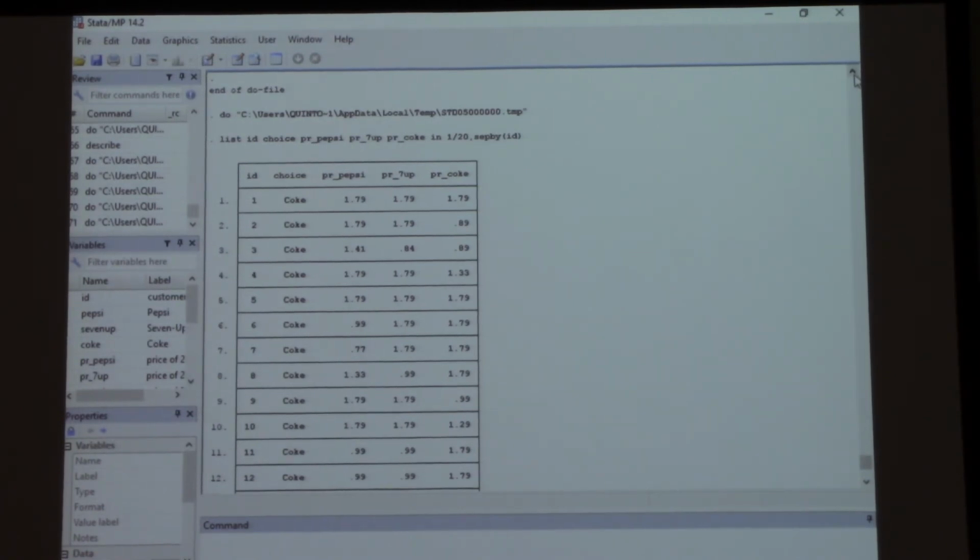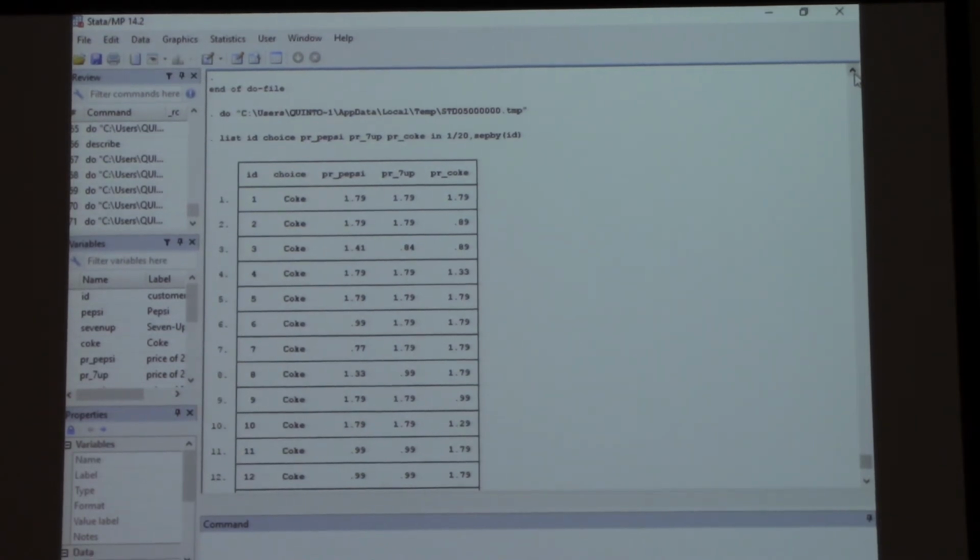All 3 were the same price for the first person. For the second person, they purchased Coke, and Coke happened to be the cheapest. For the third person, they purchased Coke, and Coke was not the cheapest, it was 89 cents versus 84 cents for 7-Up, and so on. For the fourth person, they purchased Coke, and Coke was the cheapest. All three were the same for the fifth. Pepsi was the cheapest for the sixth, and so on.